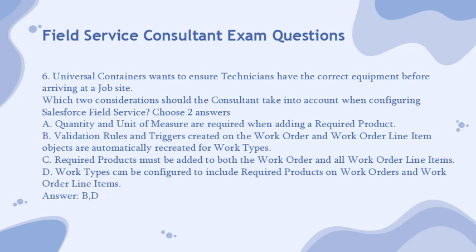B. Validation rules and triggers created on the work order and work order line item objects are automatically recreated for work types. C. Required products must be added to both the work order and all work order line items. D. Work types can be configured to include required products on work orders and work order line items. Answer: B, D.